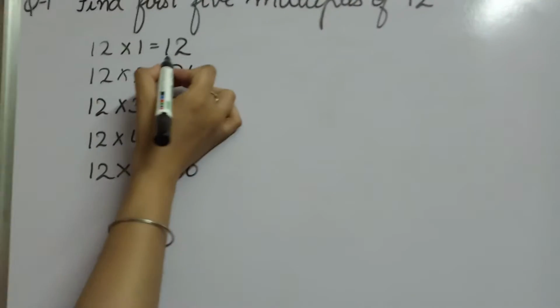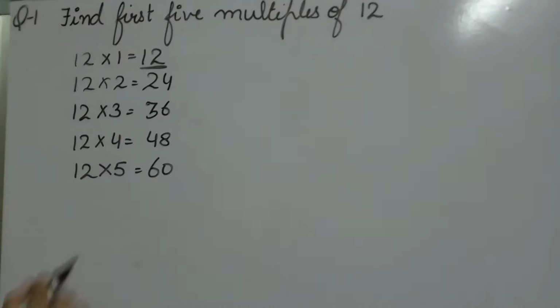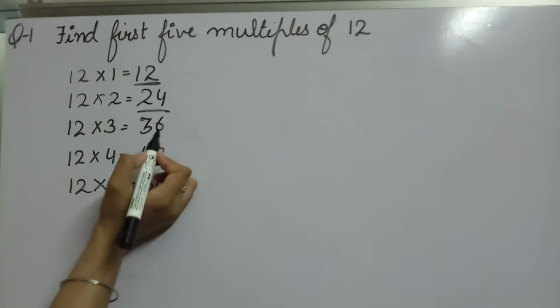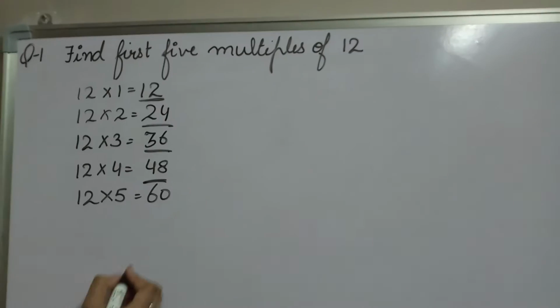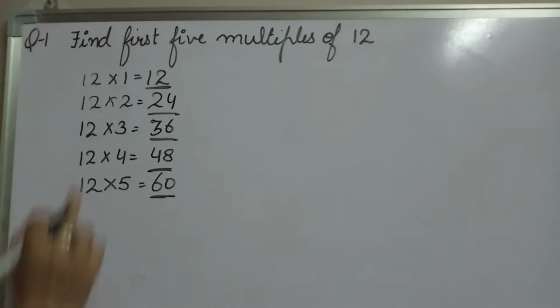So children, look here. First multiple is 12, then 24, then 36, then 48 and the last is 60.